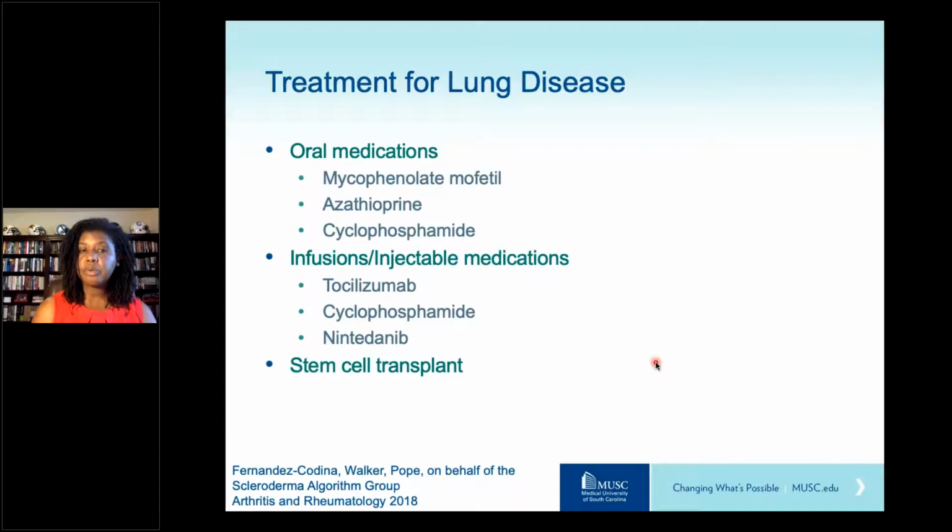Again, as I mentioned before, tocilizumab is one of the newest medications that recently has been FDA approved for scleroderma-related lung disease. Cyclophosphamide is also used, as well as nintedanib, also called OFEV, which is another recent FDA-approved medication. And again, stem cell transplant has been very effective for helping patients that have lung disease.